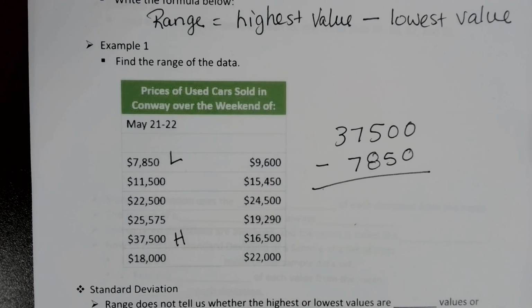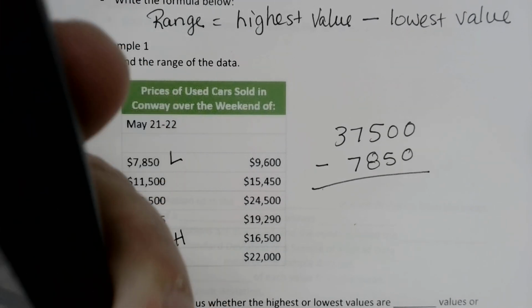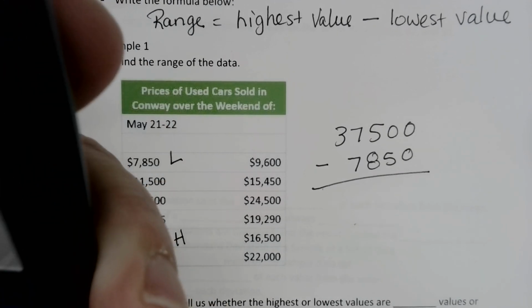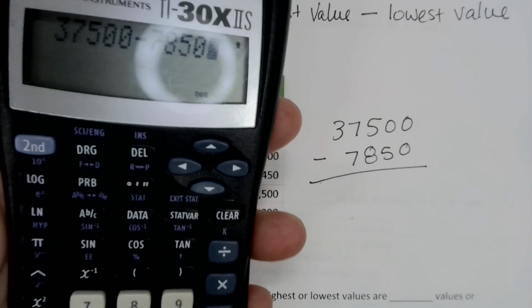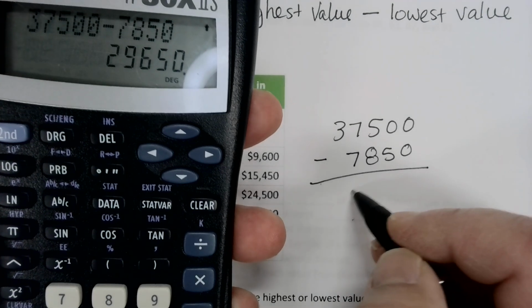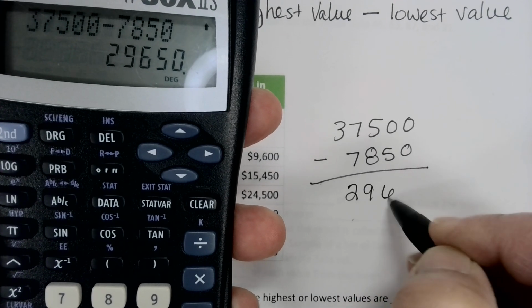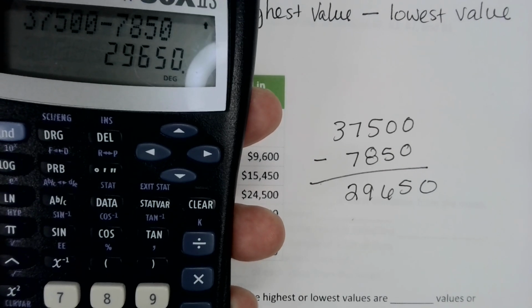You've got a calculator for a reason. So 37,500 minus 7,850. That's all I put in there. Subtraction problem.